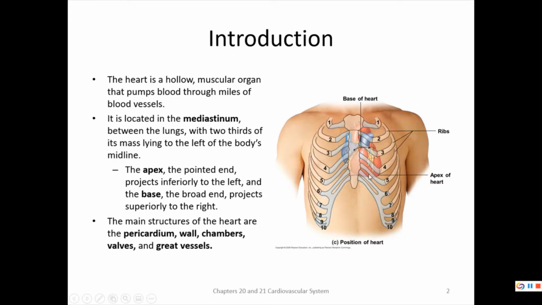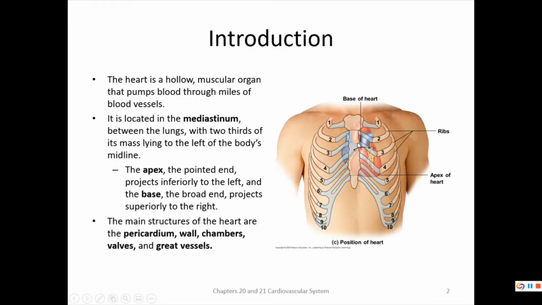There is a portion of the heart, the pointed end, that projects inferiorly, called the apex. It points inferiorly, or downward, and towards the left. The base, the broad end of the heart, is found on top, or superiorly, and a little more on the right side, to the right of the apex.